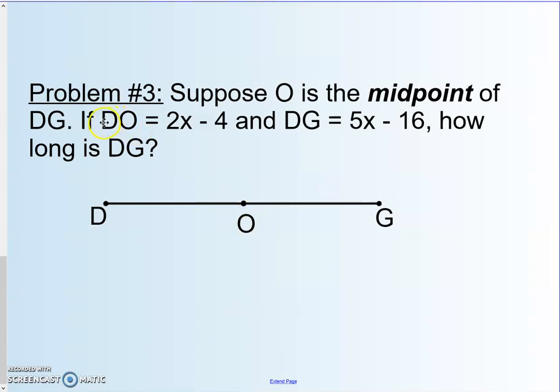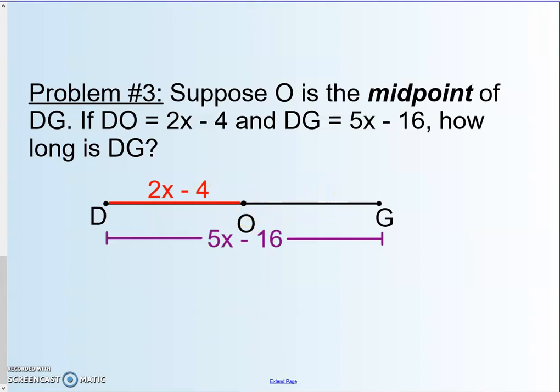And I know the distance from D to O is 2x minus 4. And the distance from D to G, now be careful, D to G is 5x minus 16. And I ask, how long is DG? Well, let's set up an algebraic equation. We're missing this piece right here. How long is OG? Well, actually, I know how long OG is.